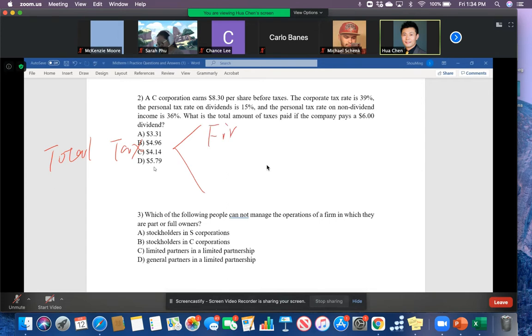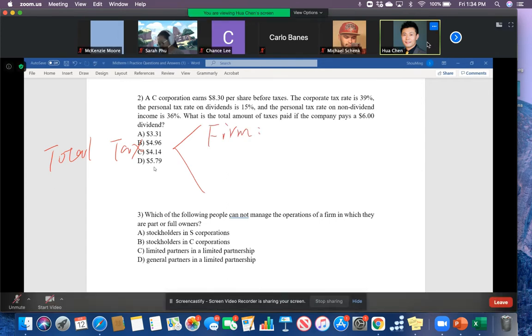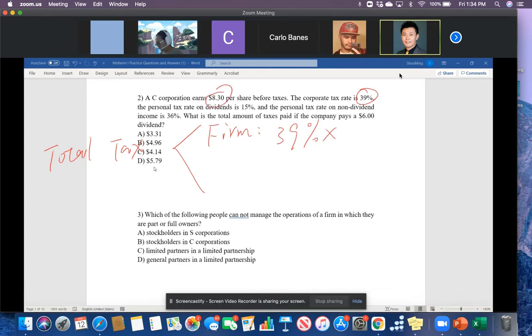Since you're paying the tax at firm level, you need to use the corporate tax rate, right? Corporate tax rate, 39%, multiplied by the taxable income for this company. In this case, the taxable income is 8.3, right? So this is the amount the company needs to pay for tax.